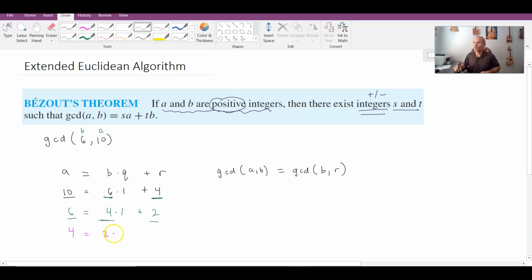And how many times does 2 go into 4? Well, it goes in 2 times, leaves a remainder of 0. And so we have our GCD, which is 2. So the GCD between these two numbers is 2. And what we're saying is that we can take some multiple of 6 and some multiple of 10, add them together, and arrive at the value of 2.